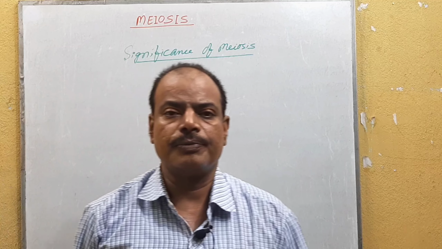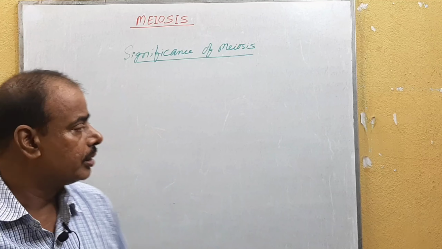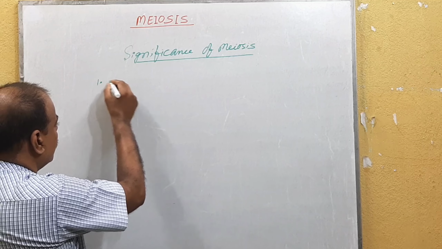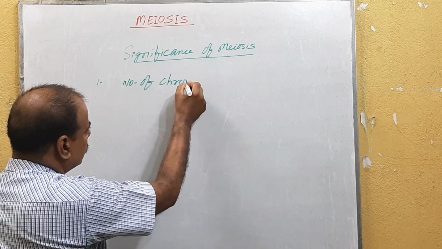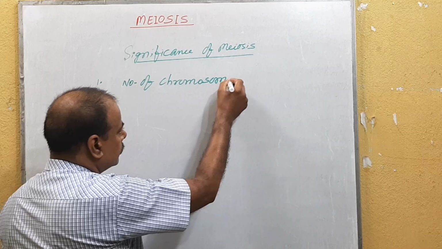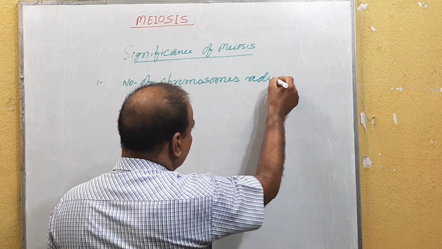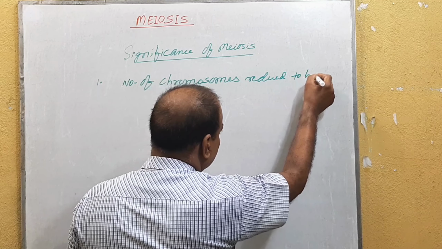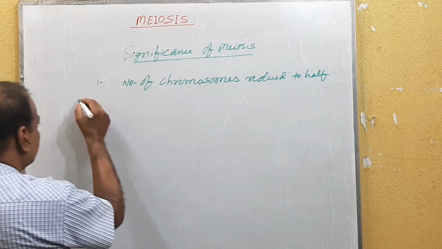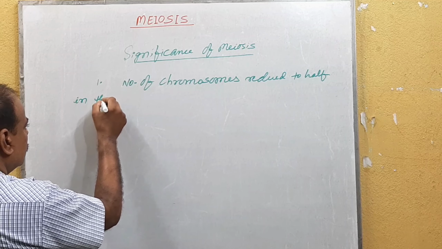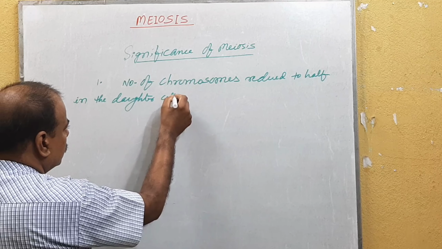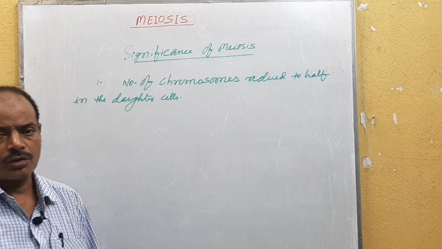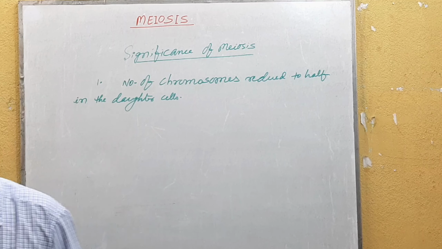Meiosis cell division is very important. It is very significant because, number 1, the number of chromosomes is reduced to half in the daughter cells.